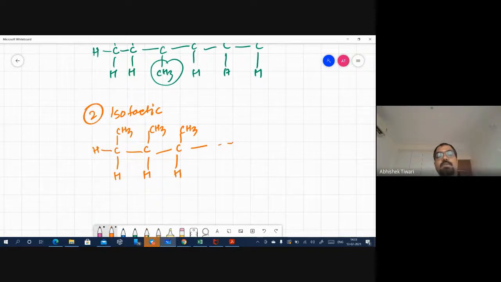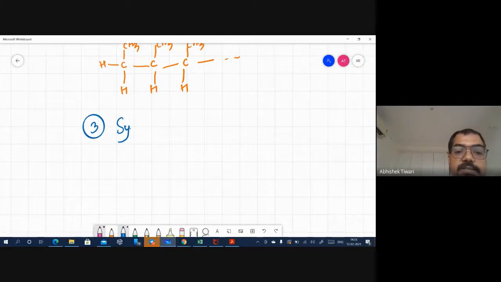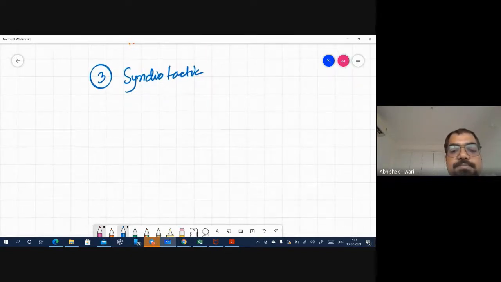So this is the second possibility which we can have, and the third possibility is called Syndiotactic. So in Syndiotactic we will have alternate layering.